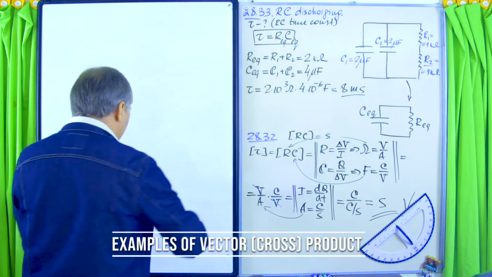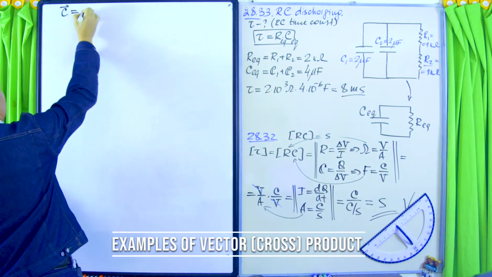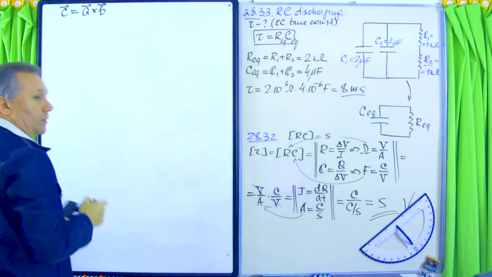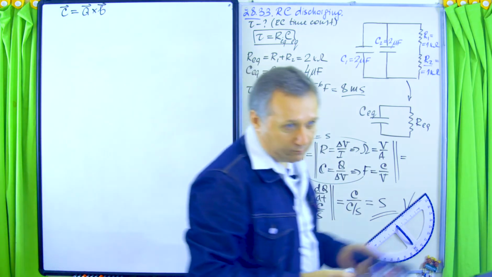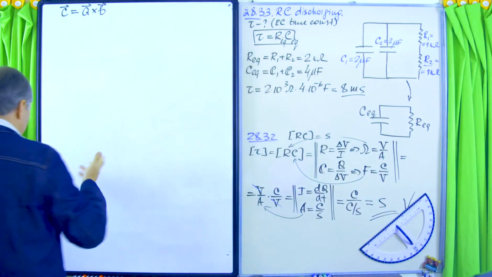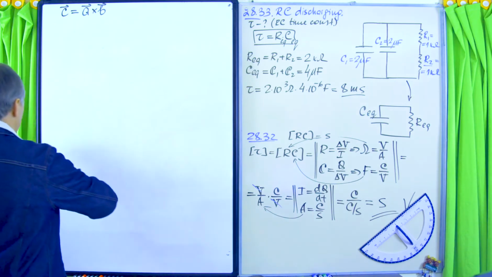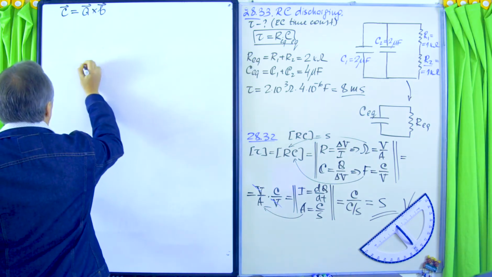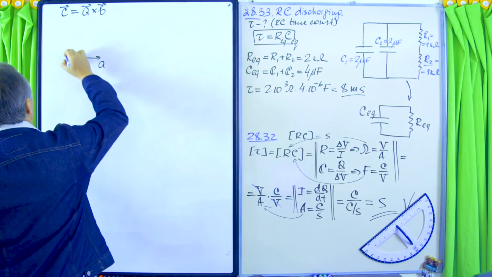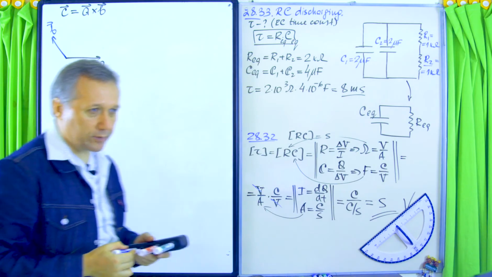Let's assume that we're going to multiply A cross B, and the cross product is C. Let me start giving you some configurations of vectors. Let's say this is my vector A, and this is my vector, I don't know, B. So what's the direction of the cross product?